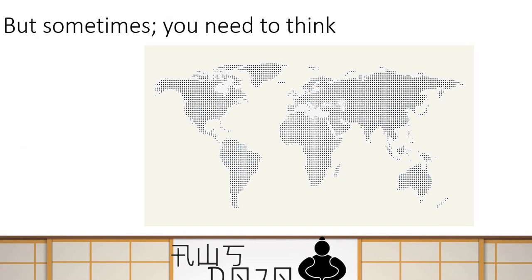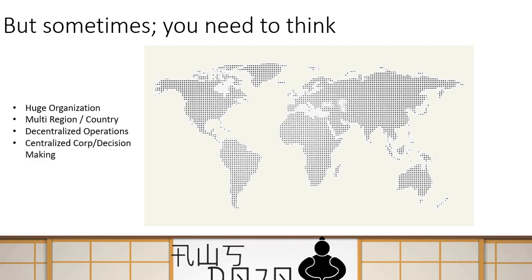But sometimes you need to think, because it's not very clear whether I should go for centralized or decentralized or federated or a mix of it. One example will be, for instance, I have a huge organization, multi-region, multi-country, with decentralized operations, but I also want a centralized corp where some key decisions are made.